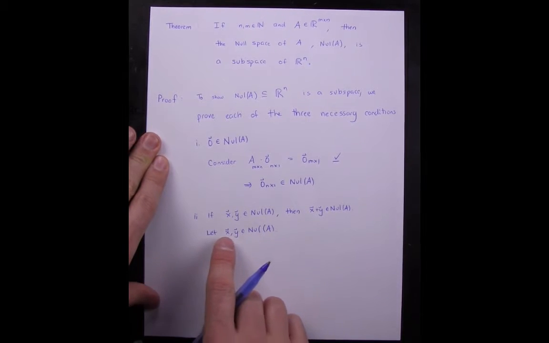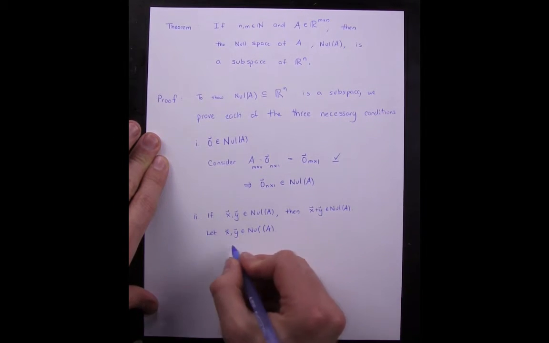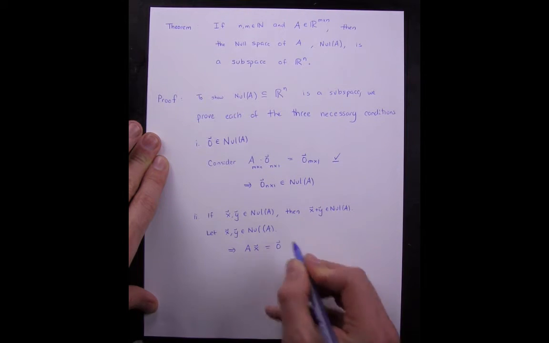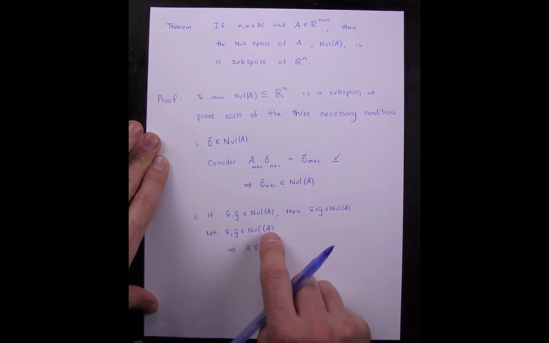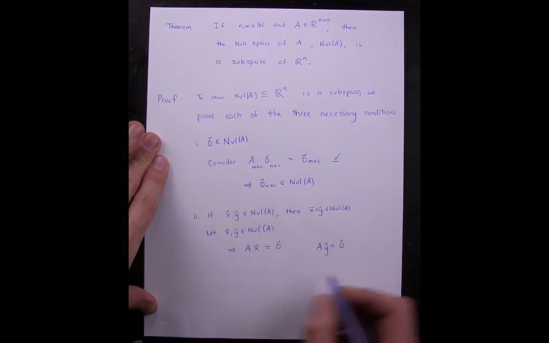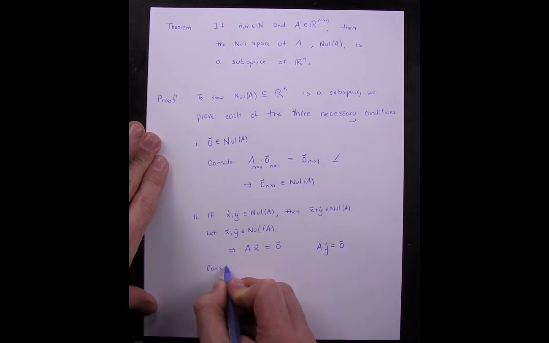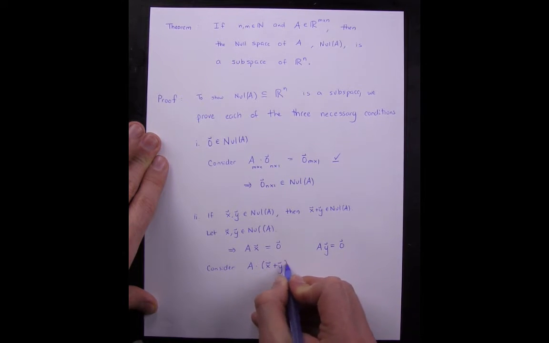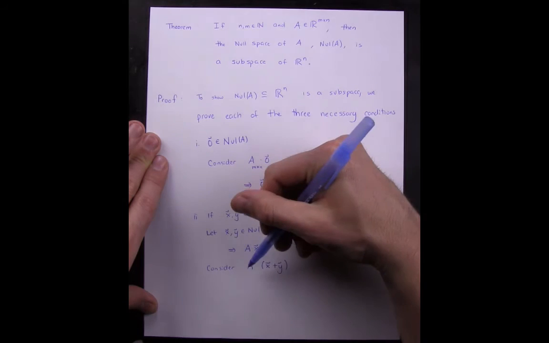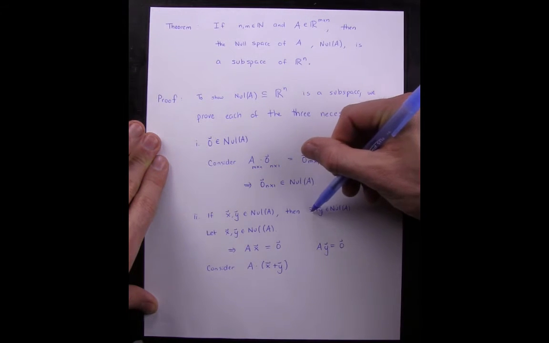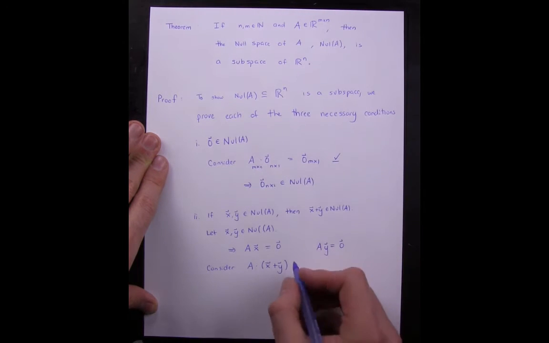By definition, when we say that x and y are in the null space, that means that Ax equals 0, because vectors in the null space multiplied by the matrix A produce 0, and it also means that Ay is equal to 0. If we consider A times x plus y, we want to show that we will indeed produce 0. In other words, the sum x plus y is in the null space.